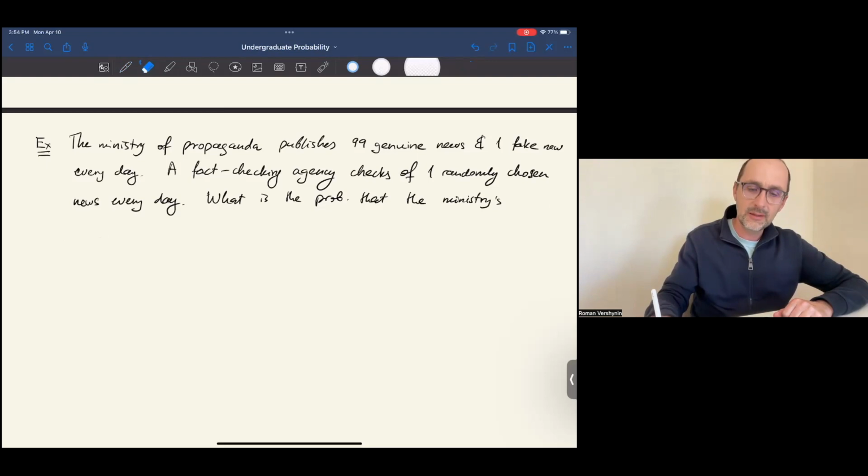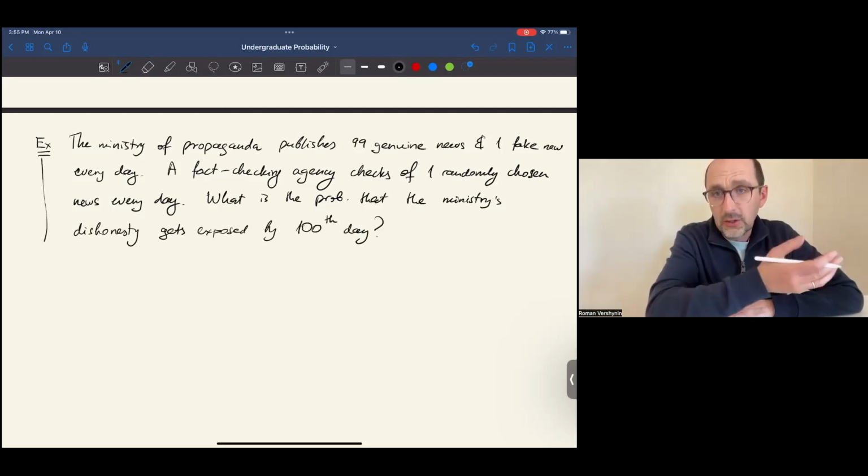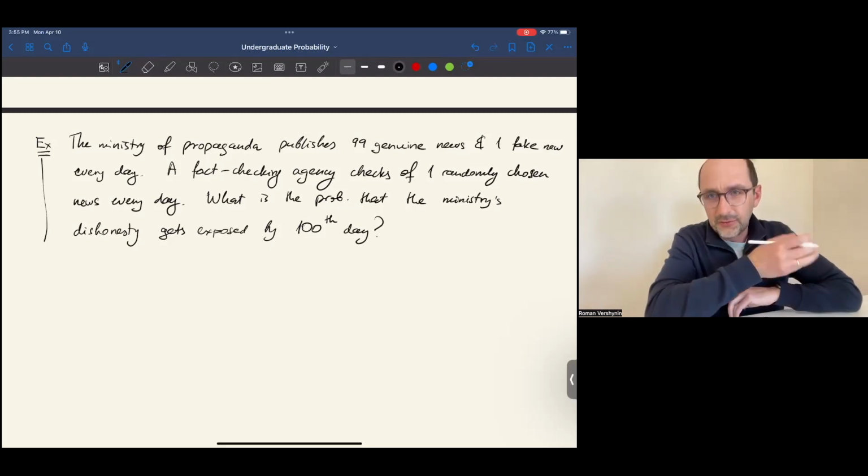What's the probability that the ministry's dishonesty gets exposed by the 100th day? In other words, what's the probability that the fact-checking agency stumbles on at least 1 fake news in the first 100 days?